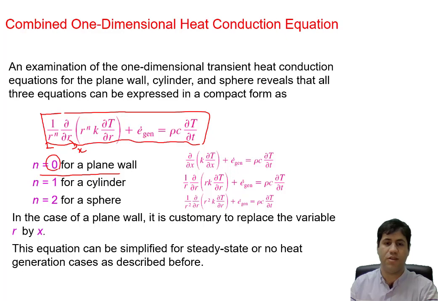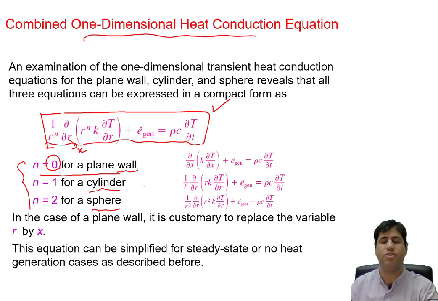No heat generation, this term is 0. Steady state, no transient, this term is 0. Constant thermal conductivity, this can be brought out, and so on. So if you memorize this equation, you can use it for one-dimensional heat conduction in these three special geometries or coordinate systems.